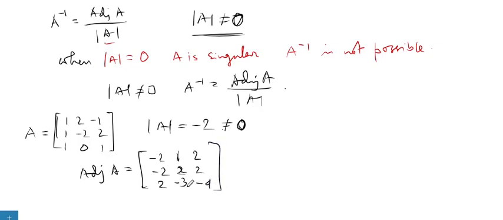So this is the cofactor matrix. By replacing each term by its cofactor, then the transpose of that would be the adjugate of A. So the transpose matrix would be minus 2, minus 2, 2, then 1, 2, 3, then 2, 2, minus 4.